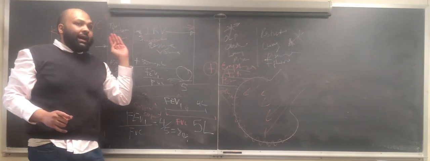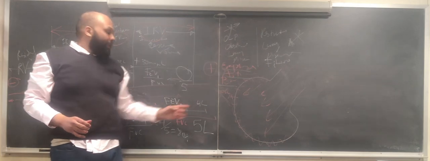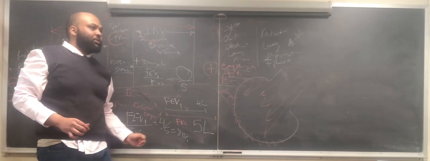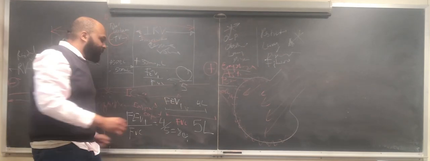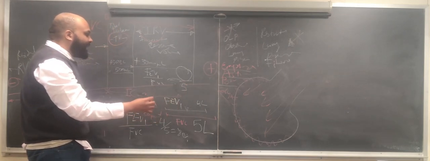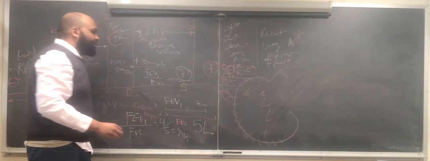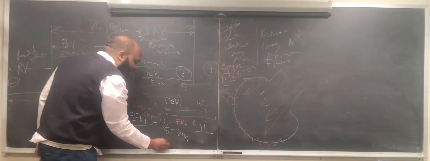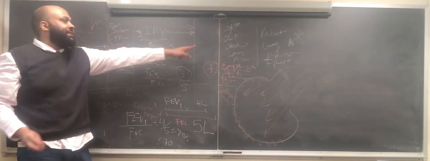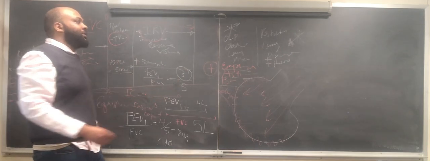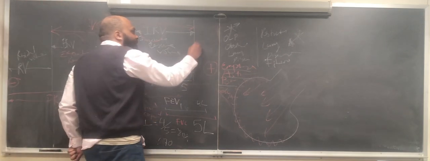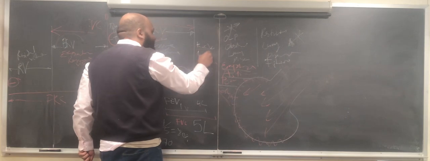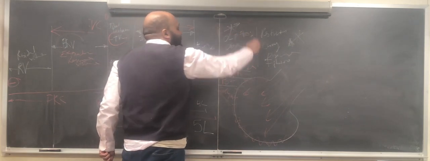Will I have more than 4 or less than 4? Less than 4, very good. So I will have something like 3 out of 5. So the ratio is going to drop below 80. It's going to come down to 70. And that is the diagnosis for obstructive lung disease, when your FEV1 over FVC is 70% or less.